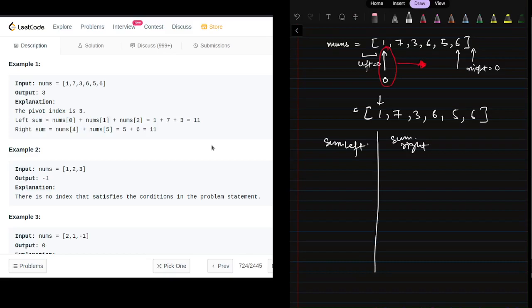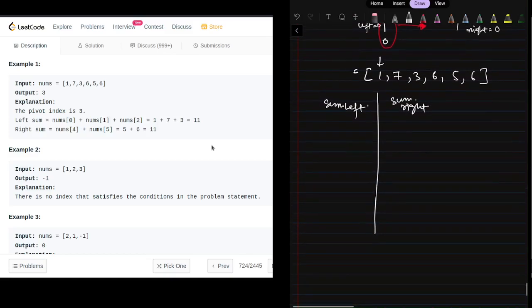Okay, let's take the initial position, index i equals 0. On the left side, we don't have any element, so we start with 0. On the right side, we have to exclude this particular term, and the other elements are on the right side.